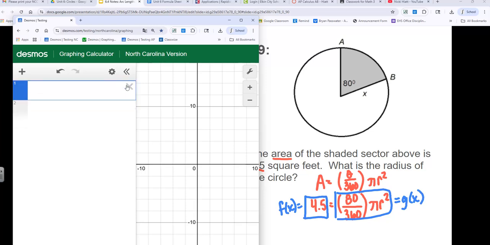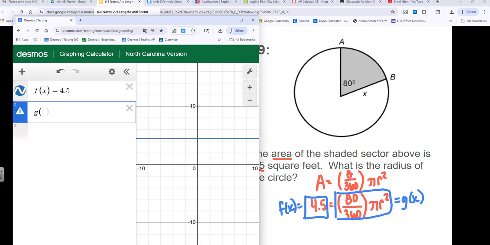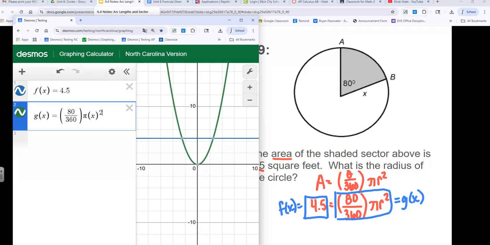So we would just type in f of x equals 4.5 and g of x equals 80 divided by 360 times pi times the radius, which we do not know, so we're going to have to call it x squared. And if I graph that, I have two options. There are two places where this crosses.